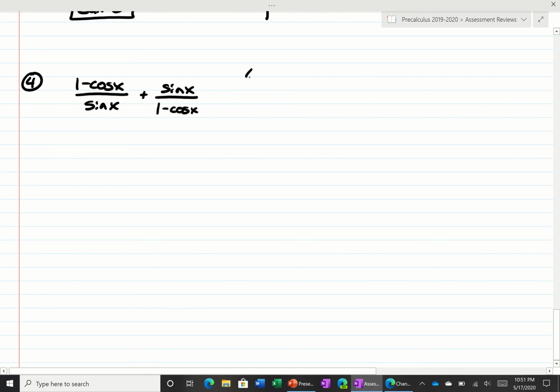Let's get a common denominator, which will be sine times 1 minus cosine. So we'll multiply this by 1 minus cosine over 1 minus cosine.